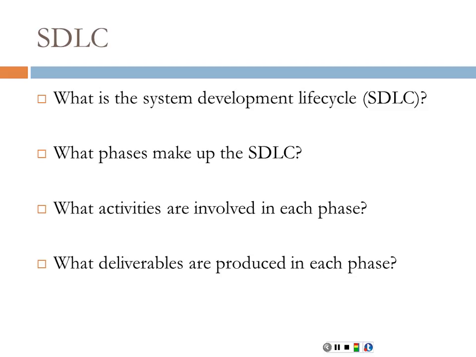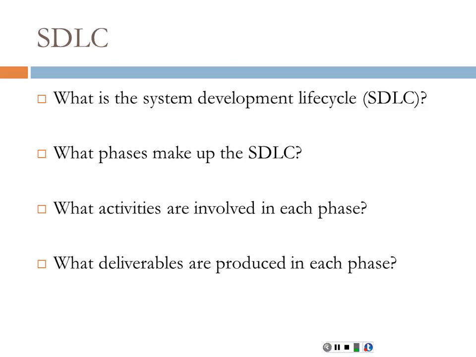And so what are some of the parts or the phases that make up this life cycle? Is it the planning, analysis, design and implementation? Exactly, right. So those are typically the four main phases that you see in any development life cycle.